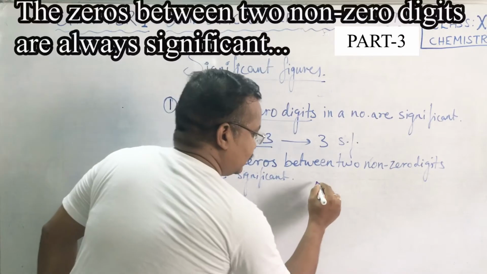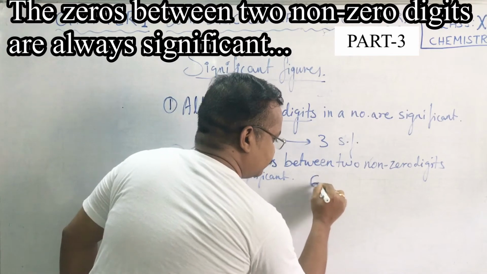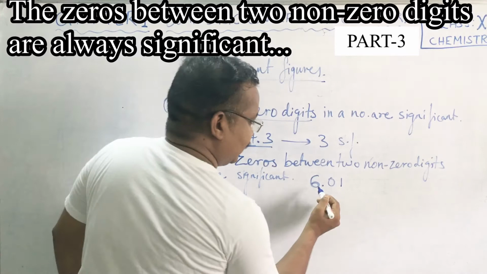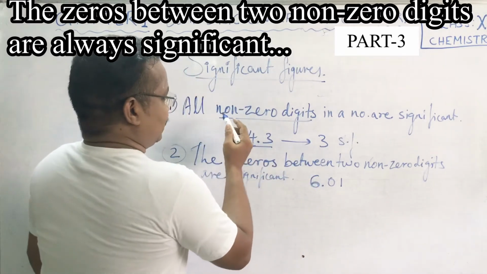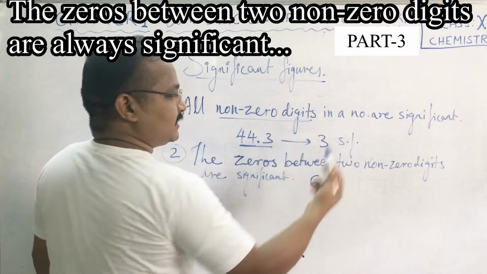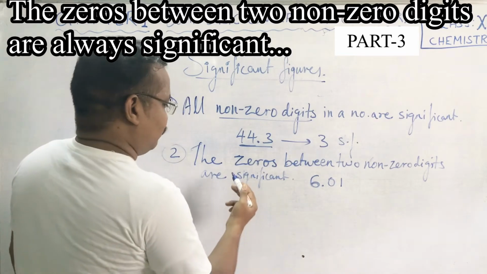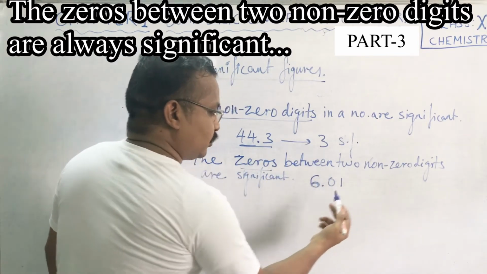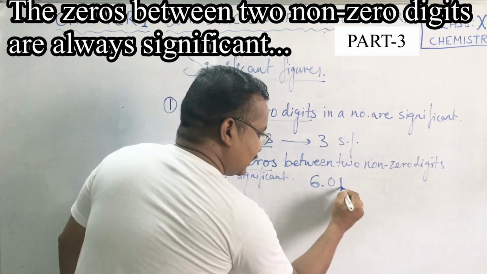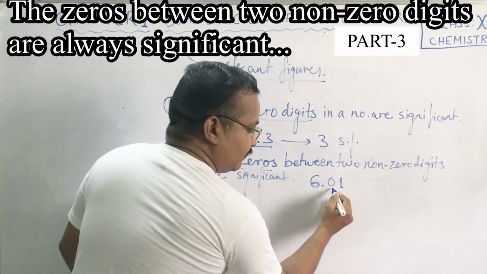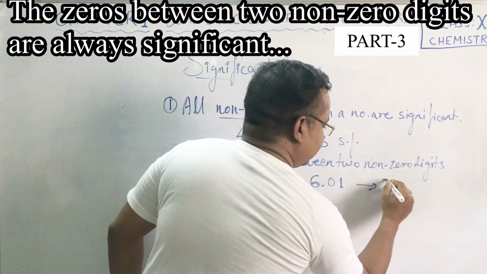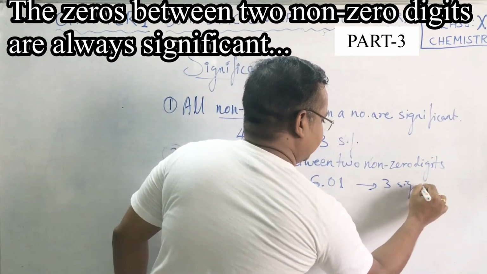For example, 6.01. Now look here. The first case was all non-zero digits are significant. The second one is the zeros between 2 non-zero digits. Here 1 is there and 6 is there, and in between only 0 comes, so 0 also will be counted. We have 3 significant figures here.